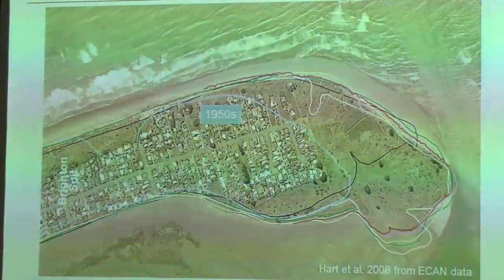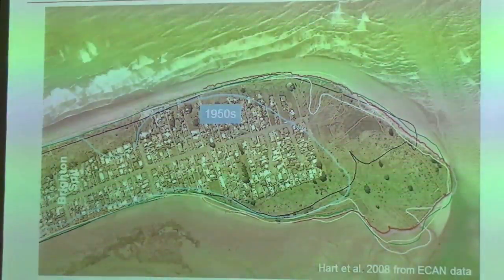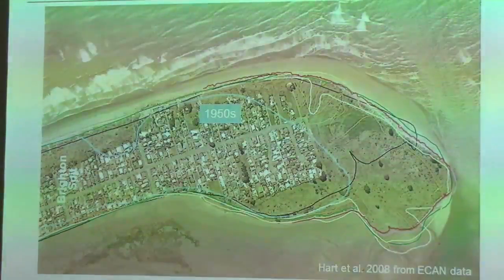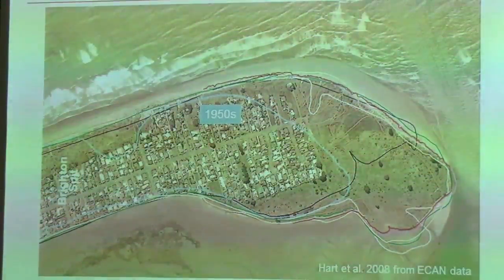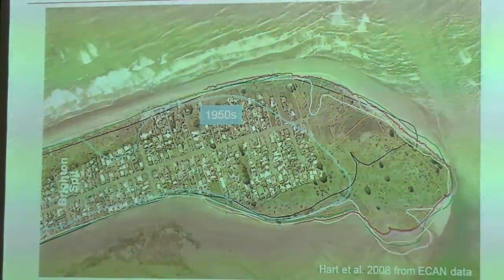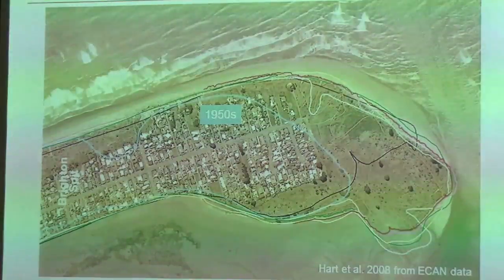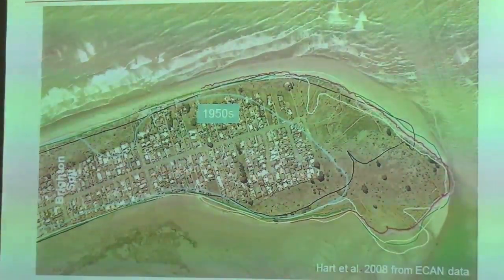Now these are natural dynamics that you get in a spit system, overlaid on the coastal management actions that we take when the spit moves. But just generally, you can see that in the 1950s, areas which are now developed in New Brighton Spit would have been in the water.